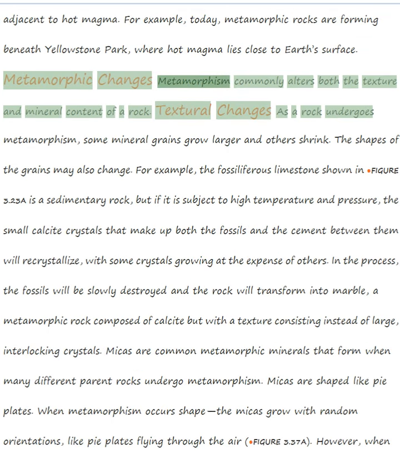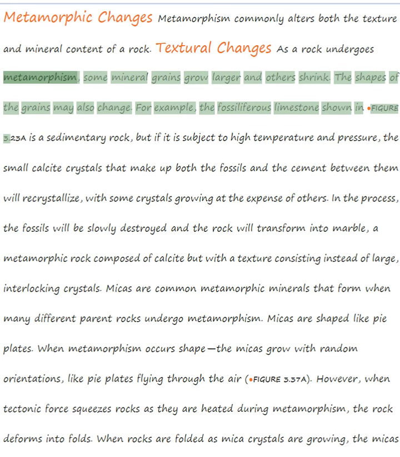Metamorphic changes. Metamorphism commonly alters both the texture and mineral content of a rock. Textural changes occur as a rock undergoes metamorphism. Some mineral grains grow larger and others shrink. The shapes of the grains may also change.